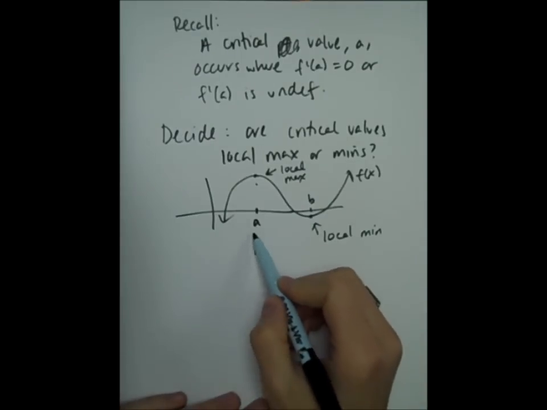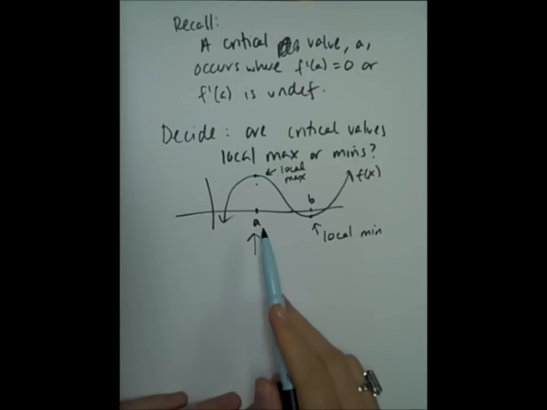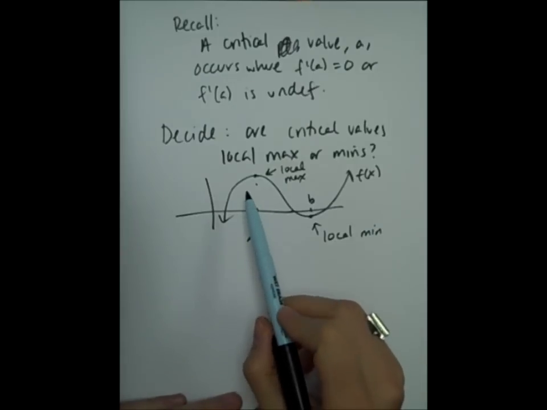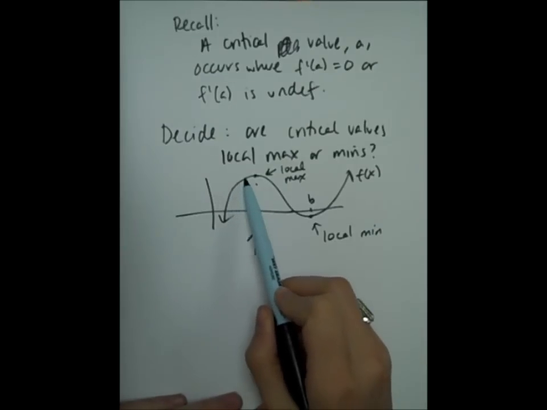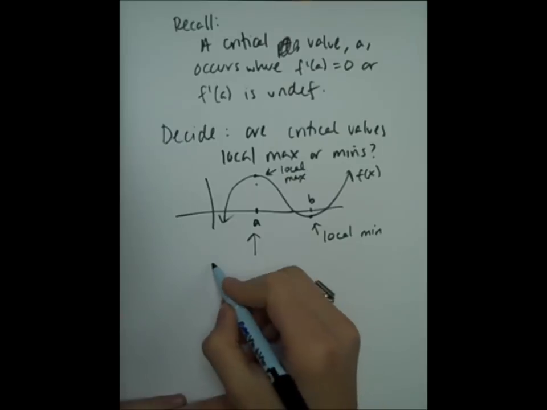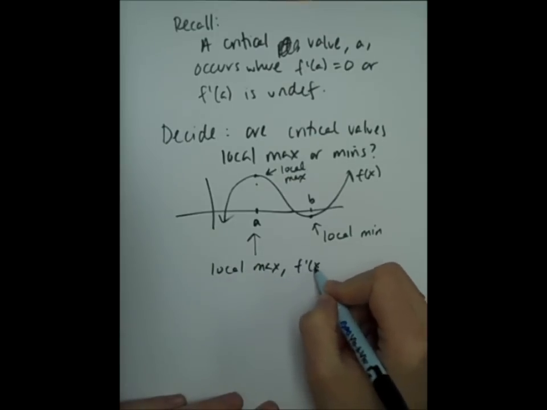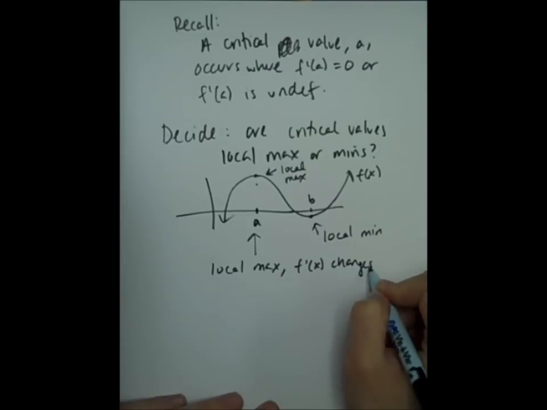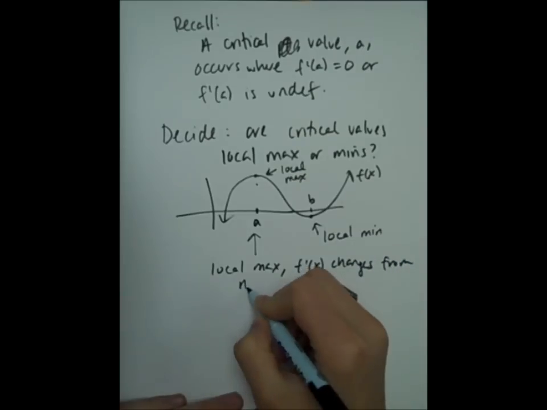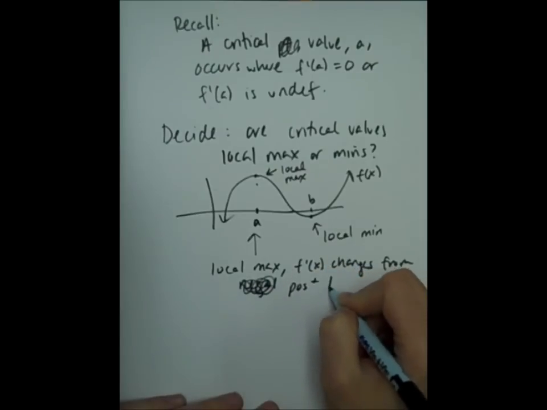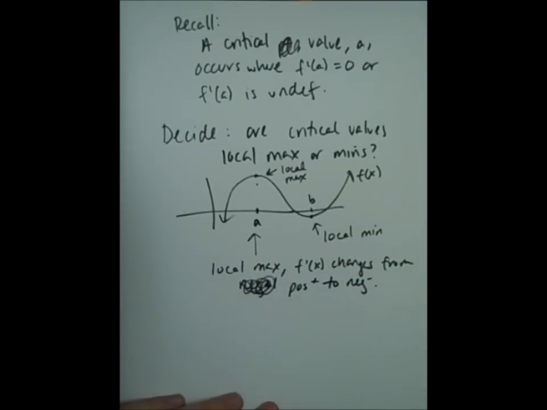As far as slope goes, what's occurring at this local maximum? What is the slope of f of x doing? Well, it's positive and then it becomes negative. So at a local max, we have that f prime of x changes from positive to negative.